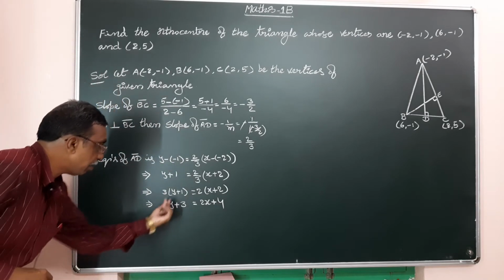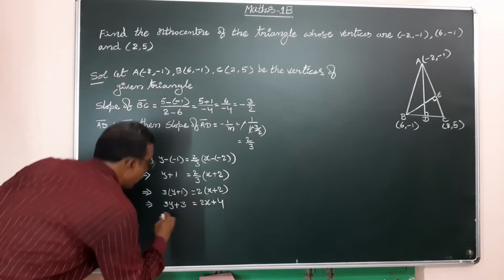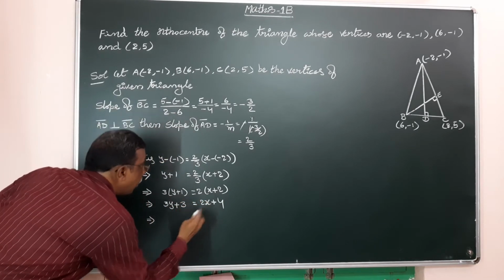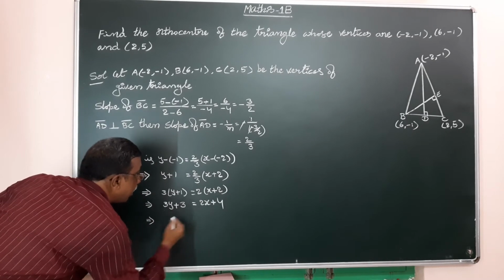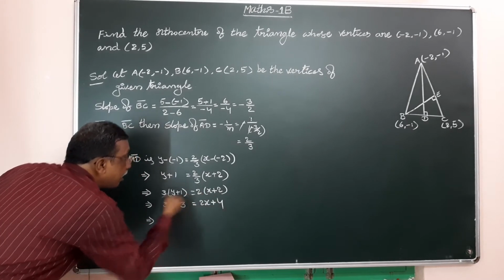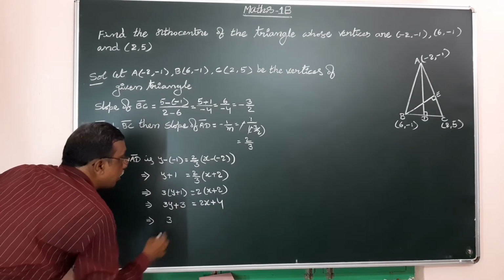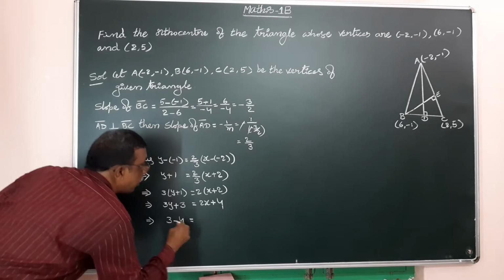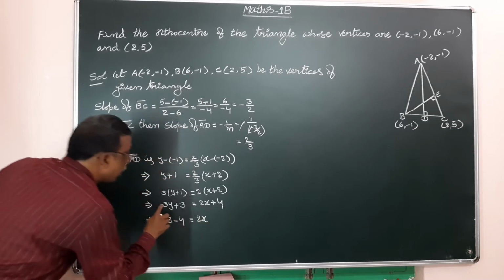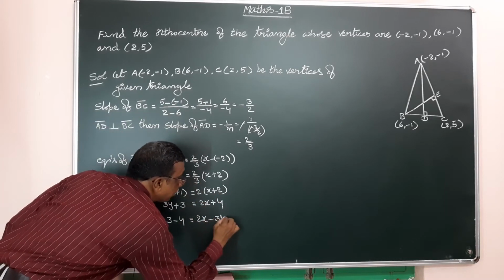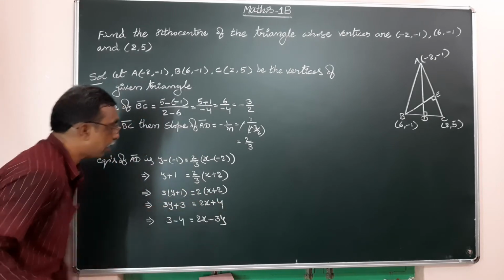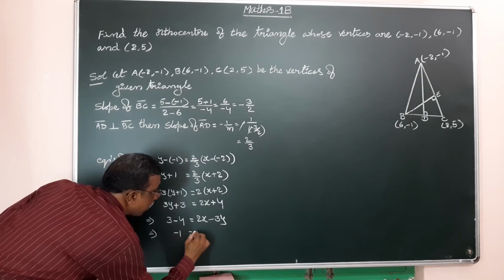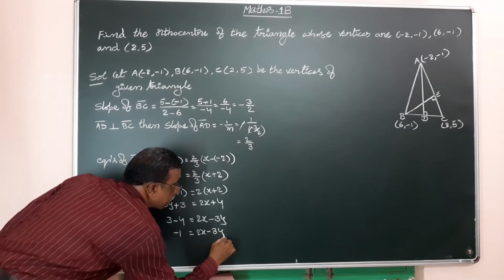Now we take this term from LHS to RHS, and that constant we write from RHS to LHS. 3 minus 4 becomes minus 1, equals 2x minus 3y.